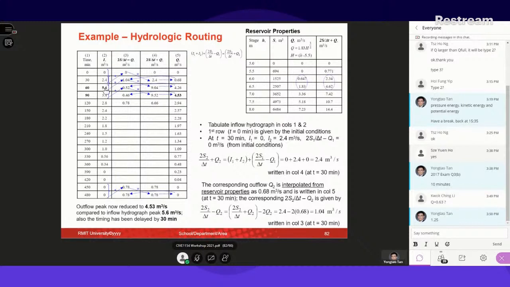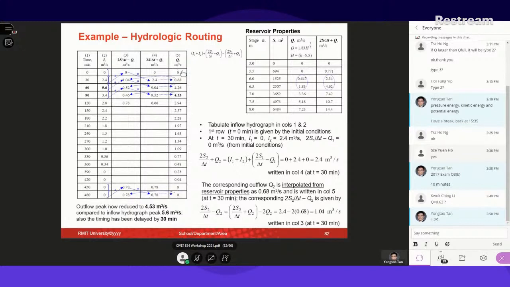Now 2.4 plus 5.6 plus 1.04 gives 9.04, and then from the table we can get the Q, 4.26. Then 9.04 minus 2 times 4.26, so we can get 0.52. Okay, and repeat the step until the outflow is 0.